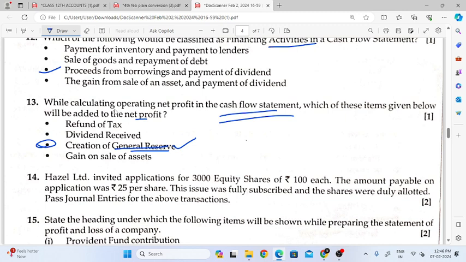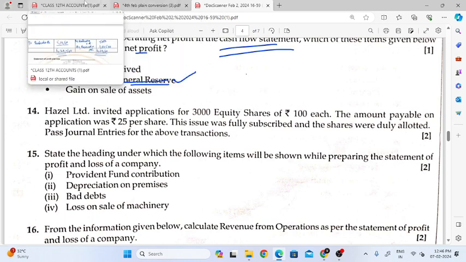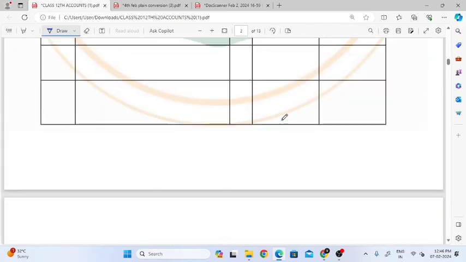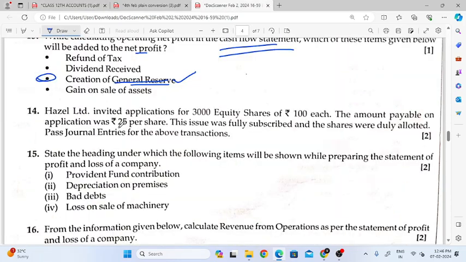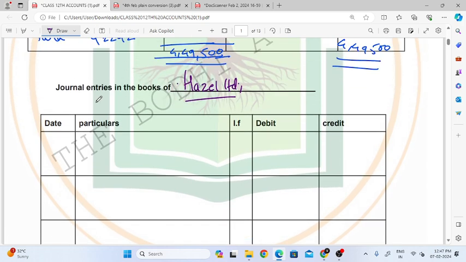The next question is, Hazel Limited invited applications for 3000 equity shares of ₹100 each. So here we have to pass the necessary journal entries. Journal entries in the books of Hazel Limited. Okay, here you can write down either date or serial number.